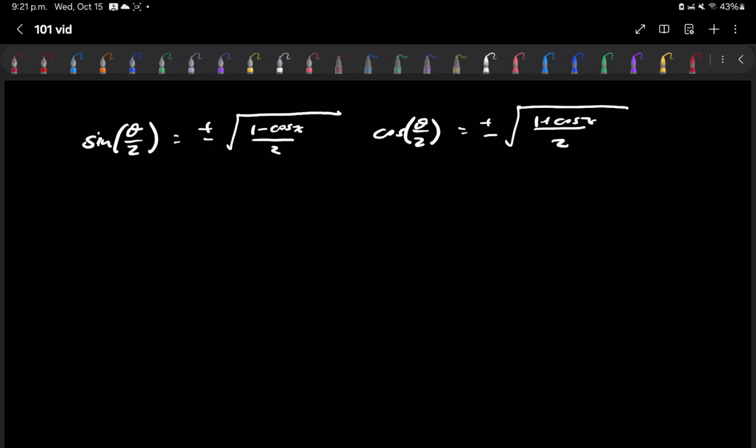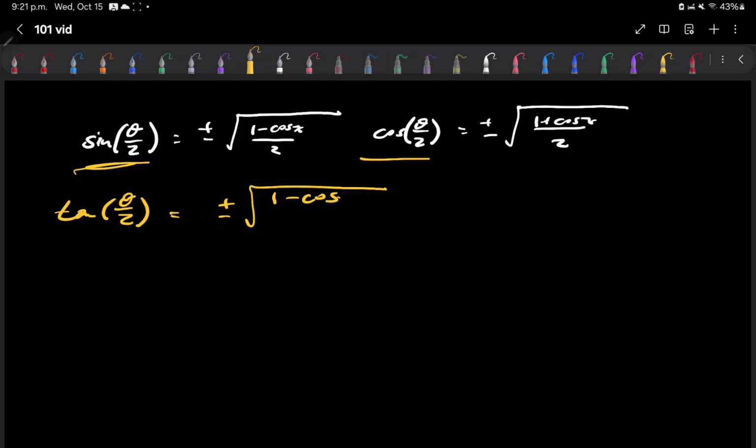I'm actually going to go through and find it because I haven't actually done this before. So our tan half angle identity is going to be equal to the sine half angle identity over our cosine half angle identity. So it's equal to this divided by this. So it's going to be plus or minus 1 minus cos x over 2 all over 1 plus cos x over 2.